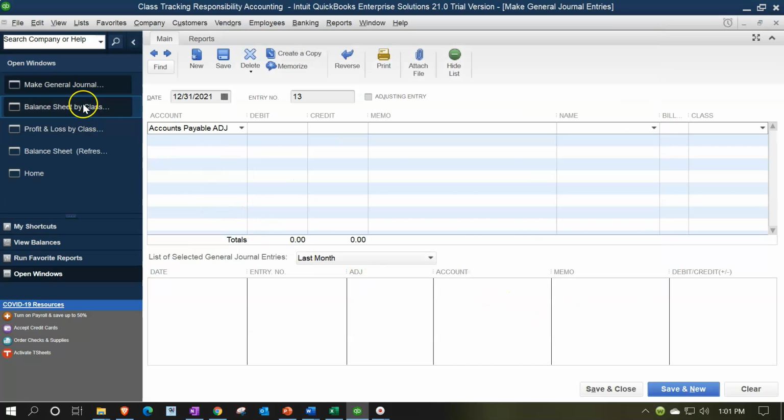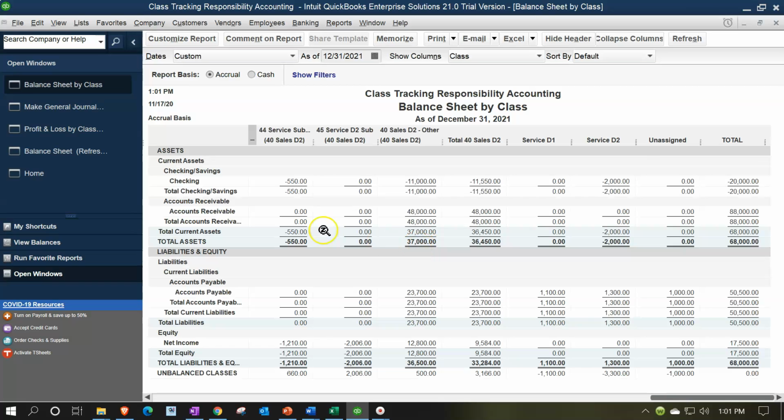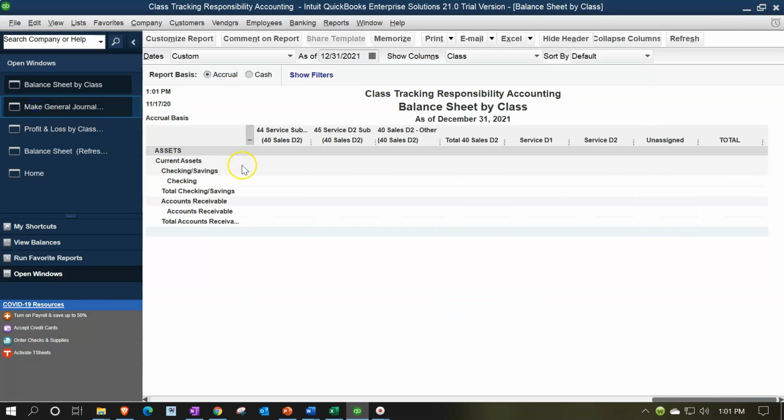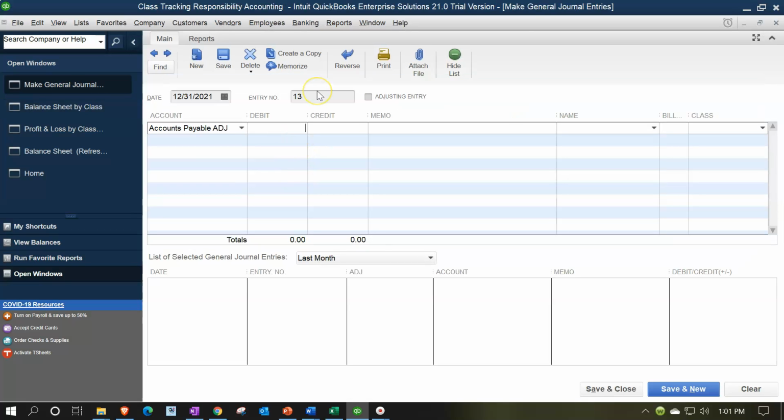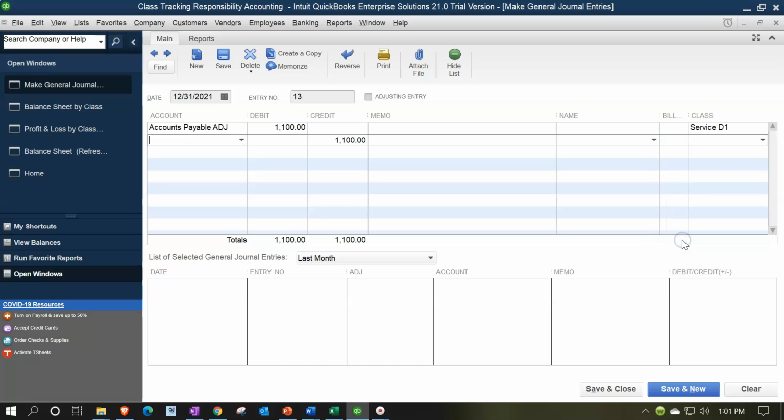And then I'm going to say the amount in it. Let me just check the amount here. The balance sheet. Okay, I went to the balance sheet. We have 1,100 in it, and that's a credit. So we're going to debit this 1,100, and this is going to be going to the service department.